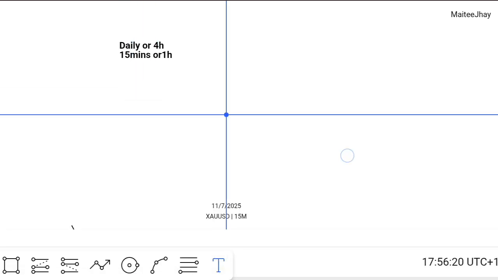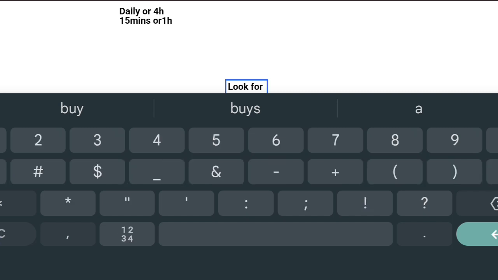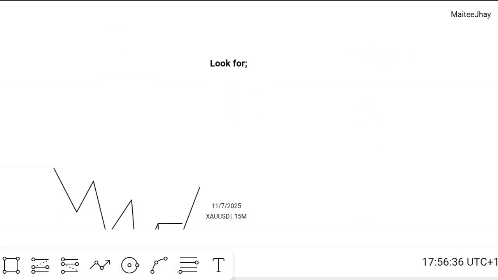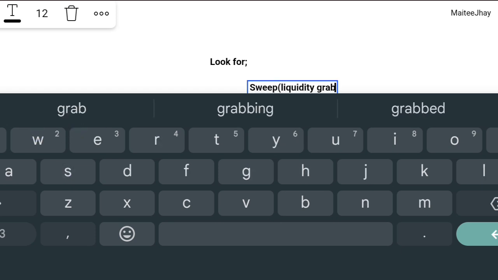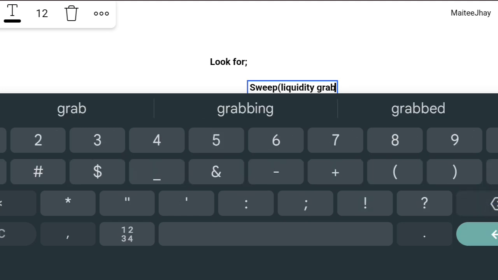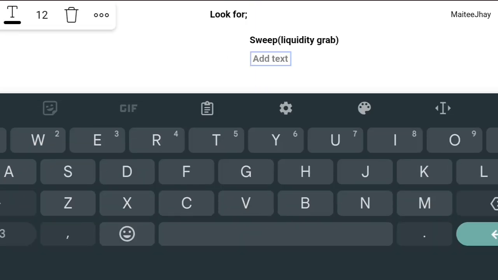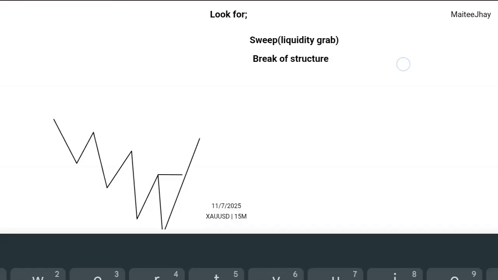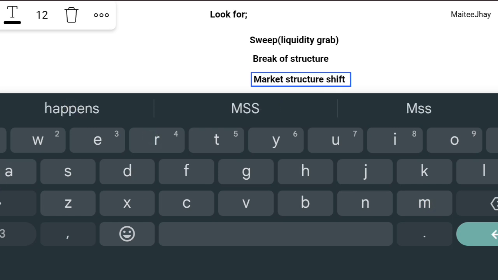Things to look out for: you're looking for these sweeps, and then two, your break of structure, and three, your market structure shift, MSS, and then this one BOS.